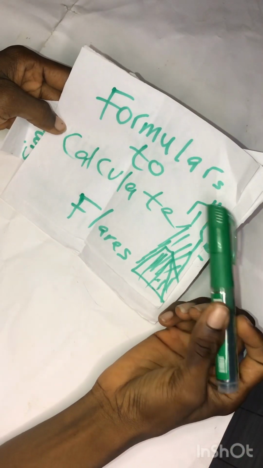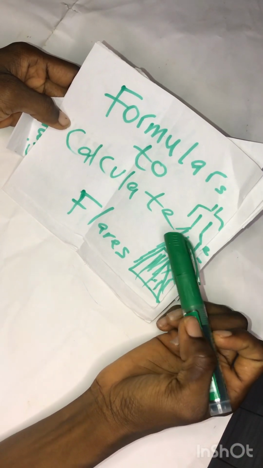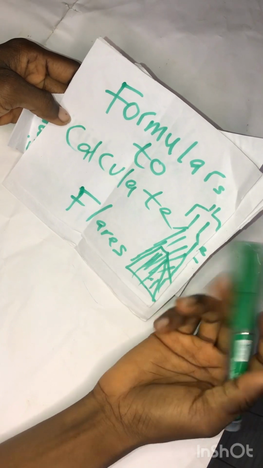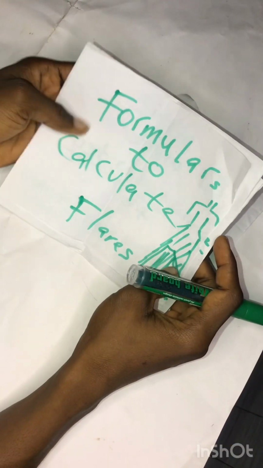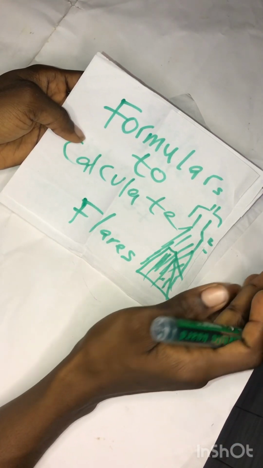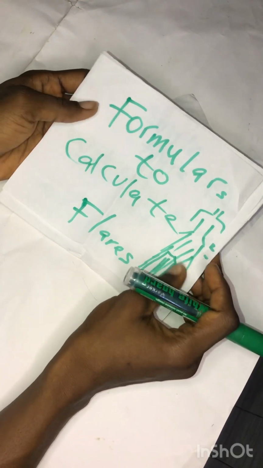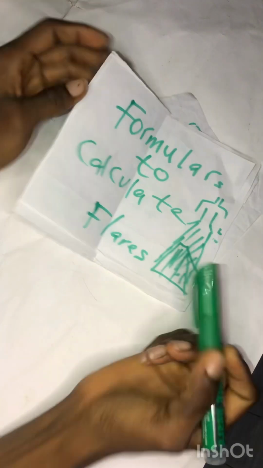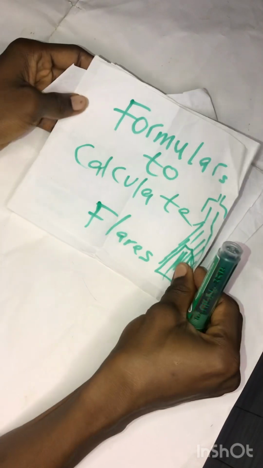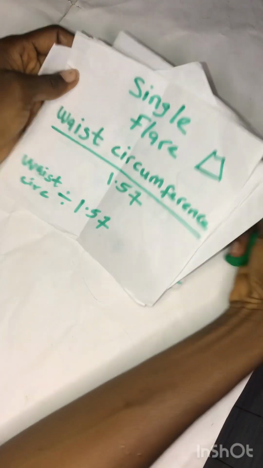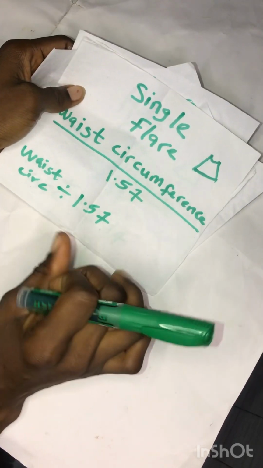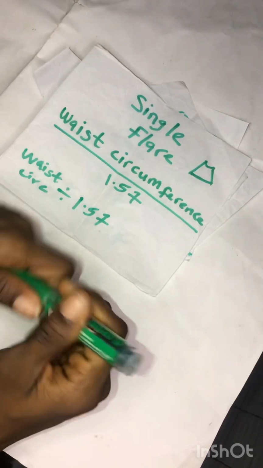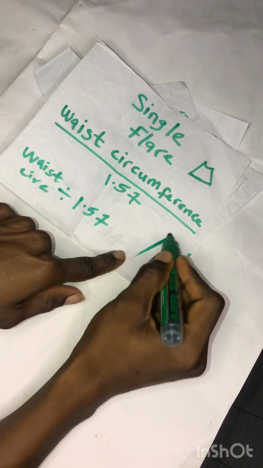So guys, the formulas to calculate each flare. In sewing, there are different kinds of flare: the half flare, the full flare, the quarter flare. So now these are the formulas to calculate flares. We have the single flare. That one, when you are folding it, you fold it in form of a triangle like this.